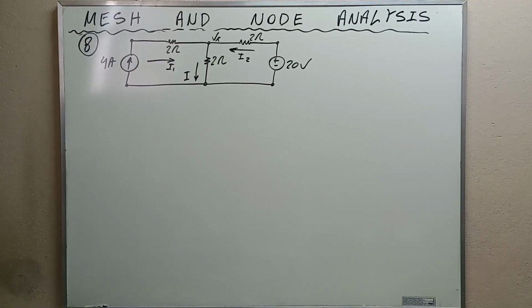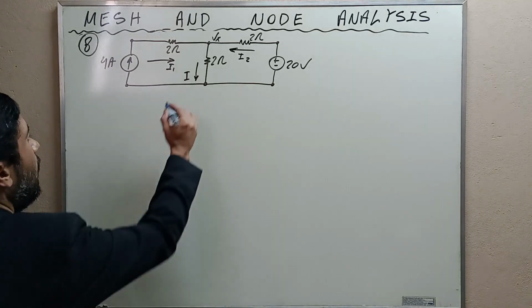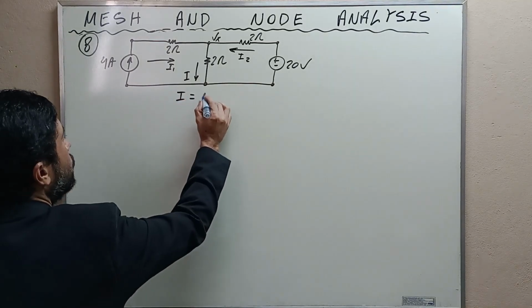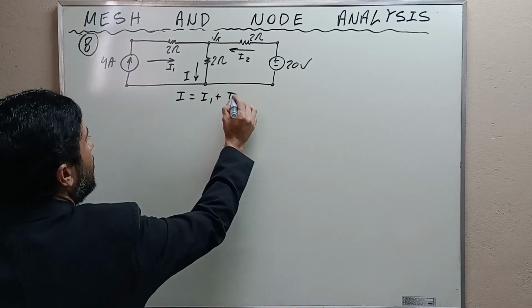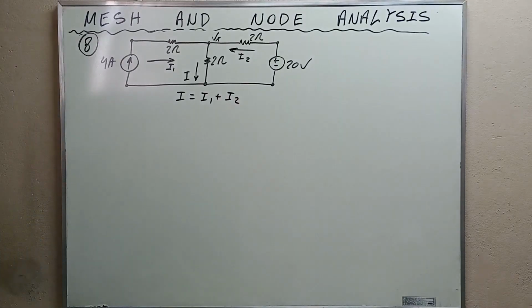Observe that while current I1 and I2 enter the node, current I leaves the node, alright? Consequently, I is equal to I1 plus I2, okay?